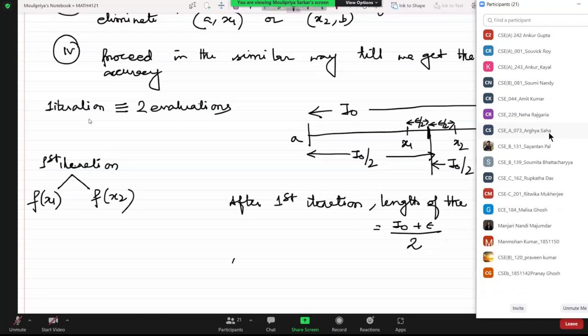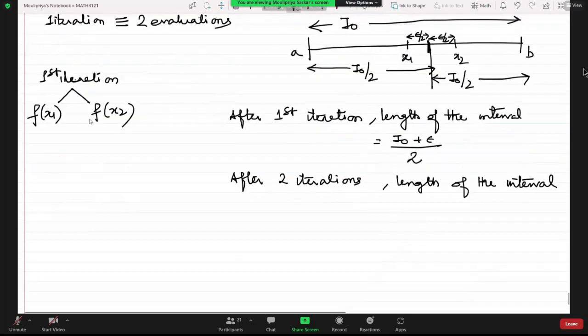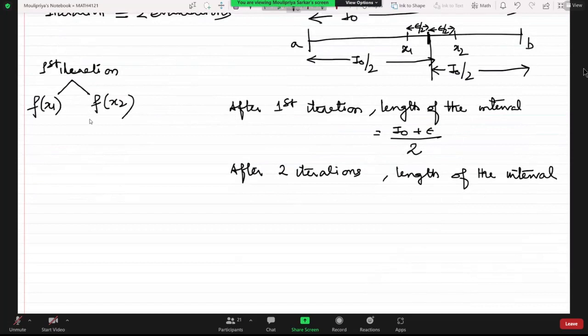So can you tell me after two iterations, what about the length of the interval? Will you be able to tell me that?